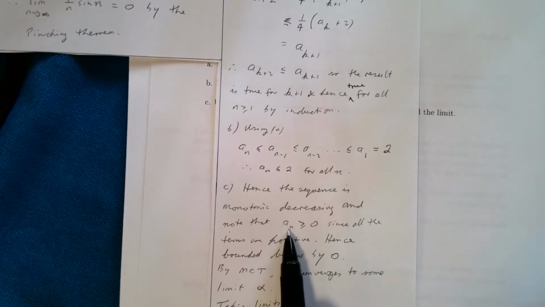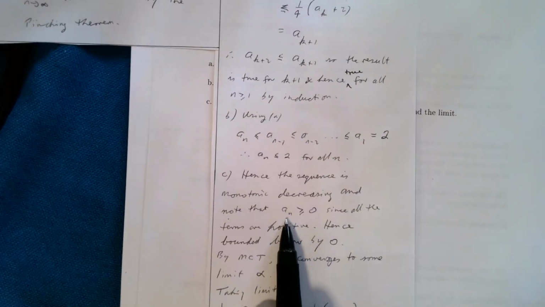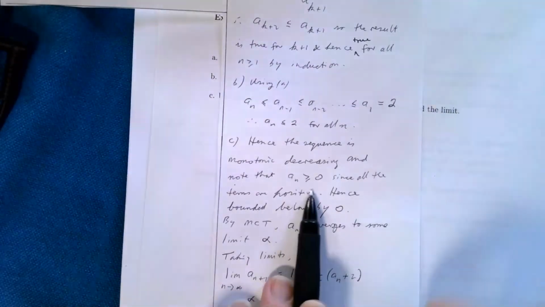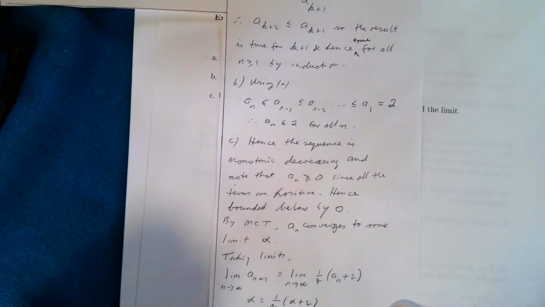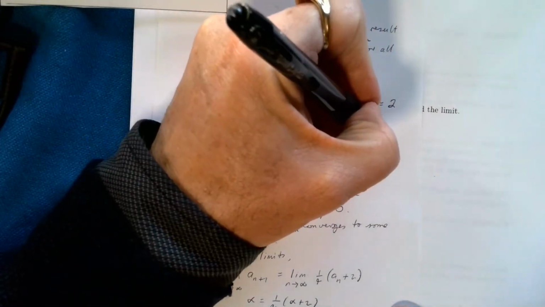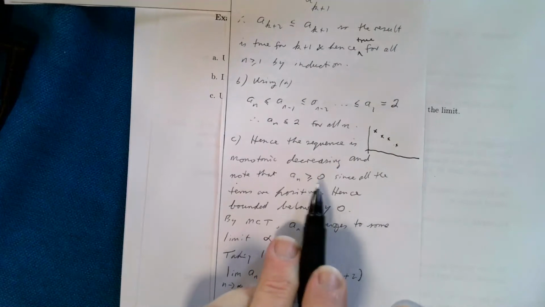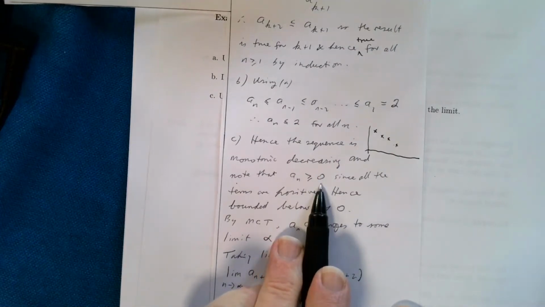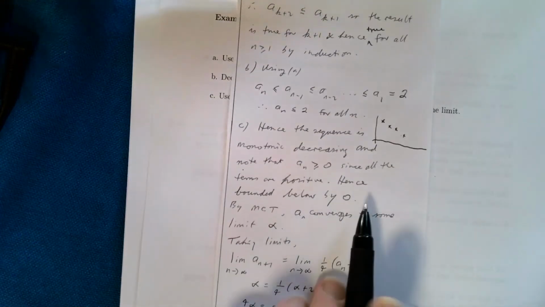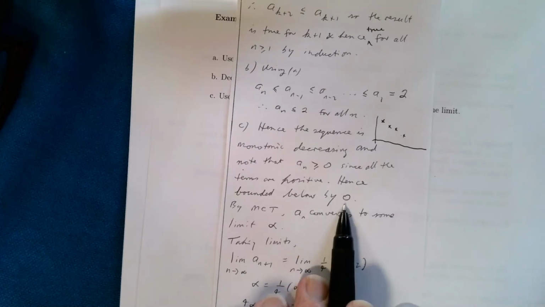Well, there's an obvious brick wall to take: all the terms are positive, so I can just say that a_n is bigger than or equal to 0. The terms all have to be bigger than or equal to 0 because they're all positive. So it's bounded below by 0.